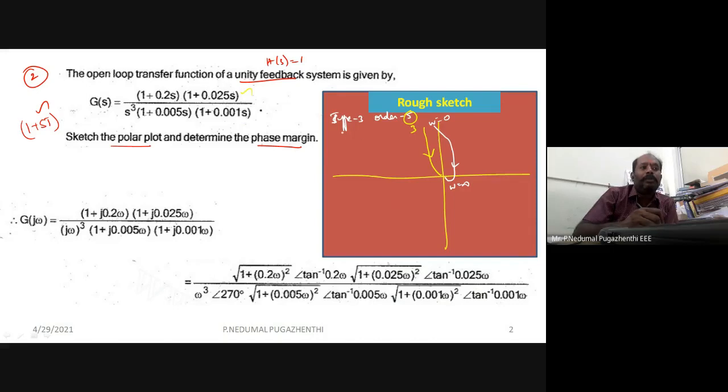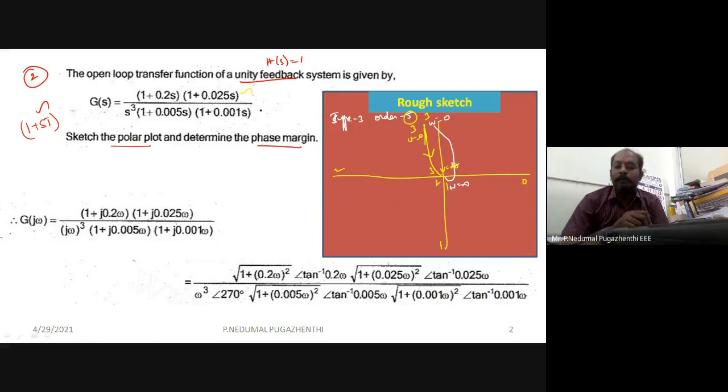So it becomes type 3, order 3. So type 0, type 1, type 2, and type 3. It starts from here, and first order, second order, third order. So it ends here. Omega is equal to infinity, omega is equal to 0. So my curve looks like this because of the presence of the zeros.